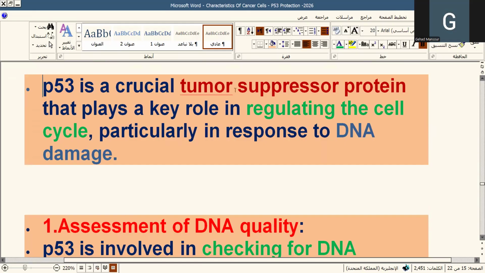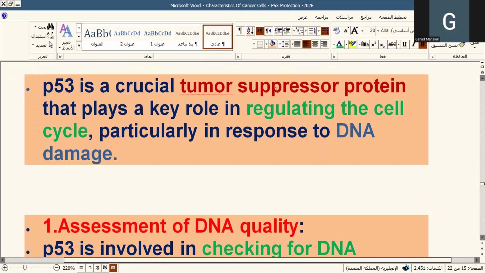And because it stops and arrests those cells that carry mutated DNA until otherwise mentioned, it prevents those mutated cells from dividing in an uncontrollable manner and making a tumor, and that's why we call it a tumor suppressor protein. So how does P53 act as a tumor suppressor protein?